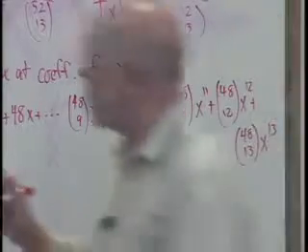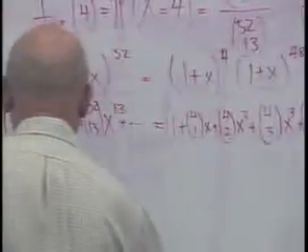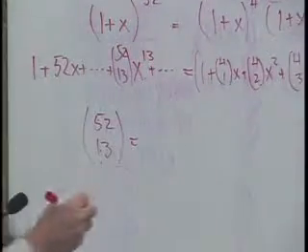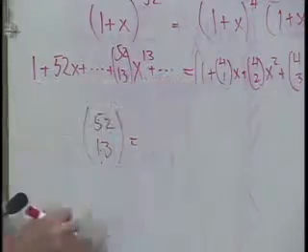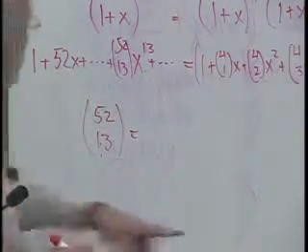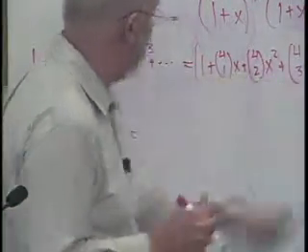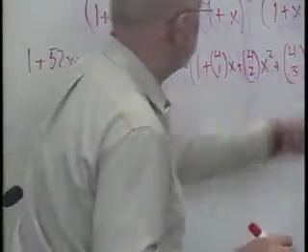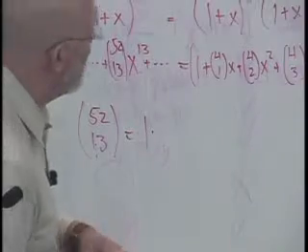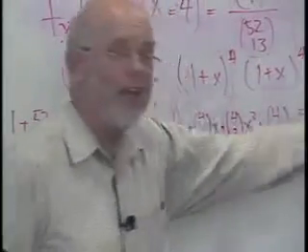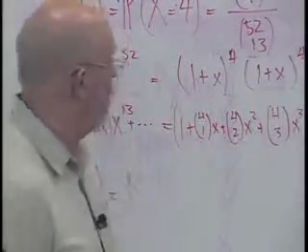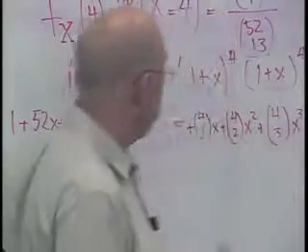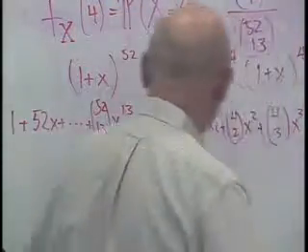Okay, now let's equate the coefficients of x to the 13th on both sides. Here we have 52 choose 13, and that's equal to the sum of 5 terms, isn't it? Let's first do the one where we have the x to the 4th here. That's got a coefficient of 4 choose 4, which is 1, and that gets multiplied by what over on the other side? The 48 choose 9, doesn't it? Because 4 plus 9 is 13.